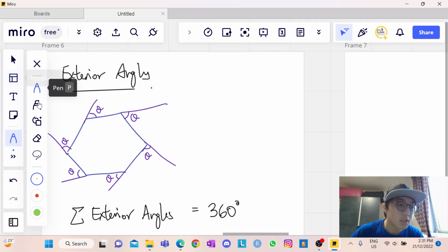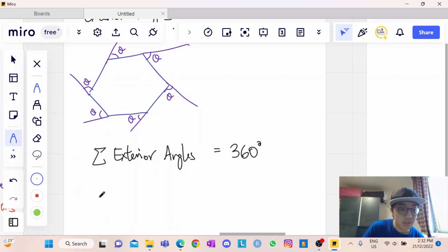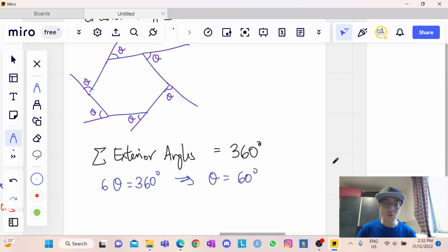So you can actually check with this hexagon right here. As you can see here, we have 1, 2, 3, 4, 5, 6 exterior angles. So we can write it as 6 theta is equal to 360 degrees, which gives you every single theta is 60 degrees. So every exterior angle is 60 degrees.